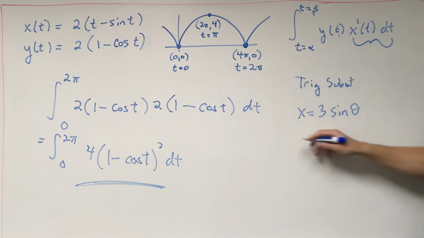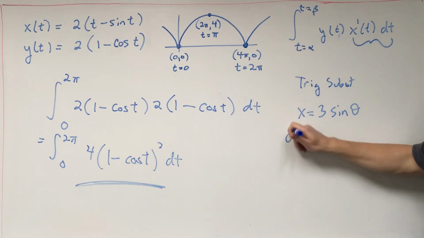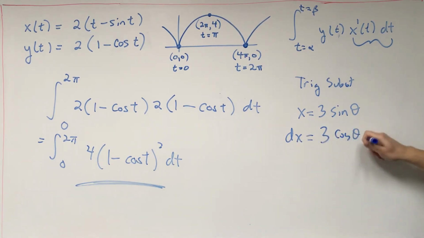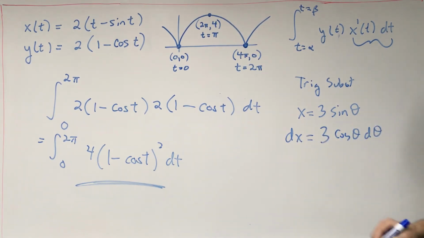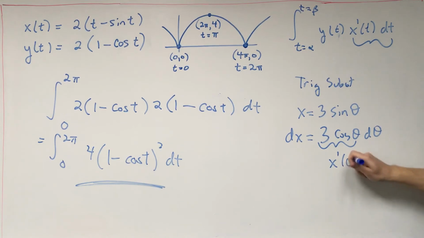And so in the process, we might discover somehow that we needed a substitution that looked like this, and then we compute dx equal 3 cosine theta d theta. And I want to point out how this guy right here, being the derivative up here, that's like x prime of theta and then d theta.